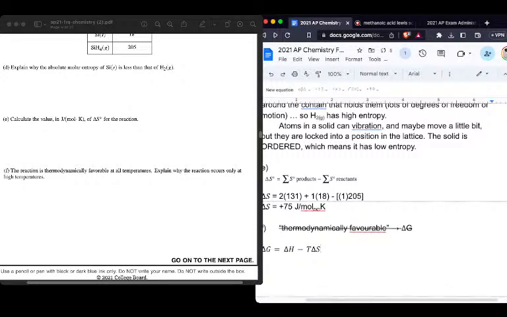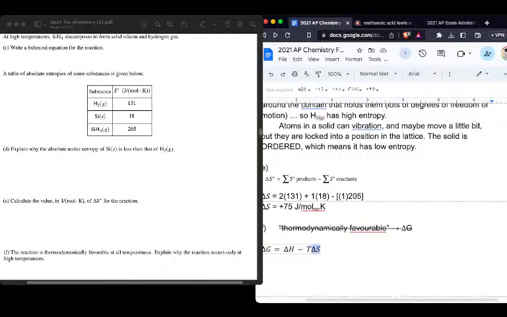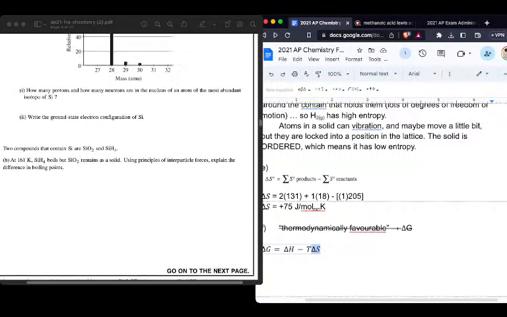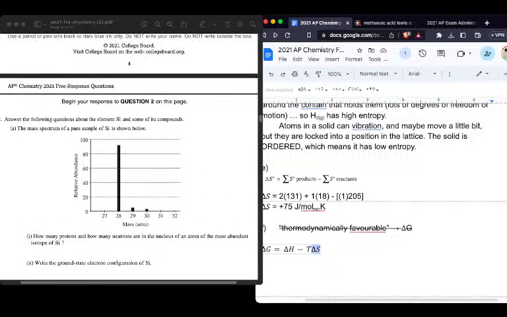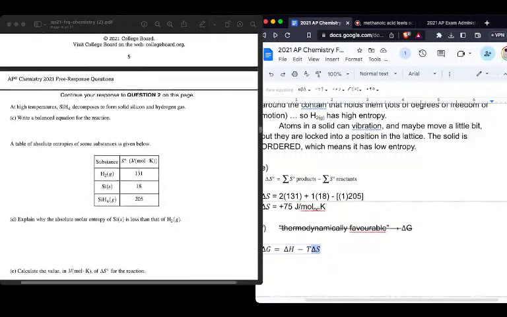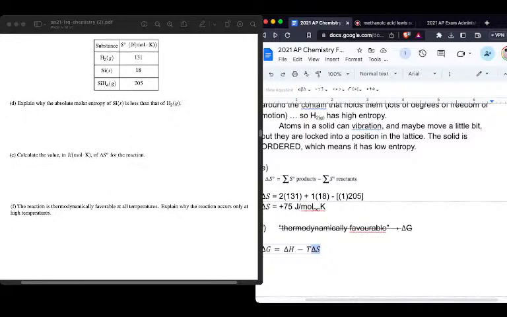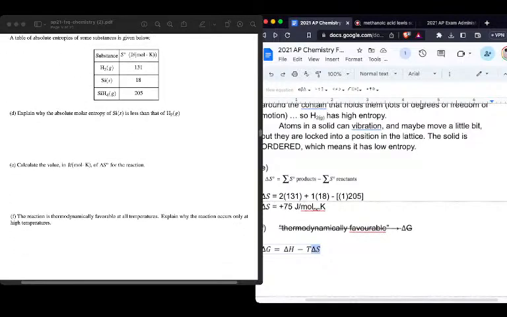Now, we've calculated that S is positive. We haven't explicitly been told that it's an endothermic reaction, I don't think. No, we haven't.